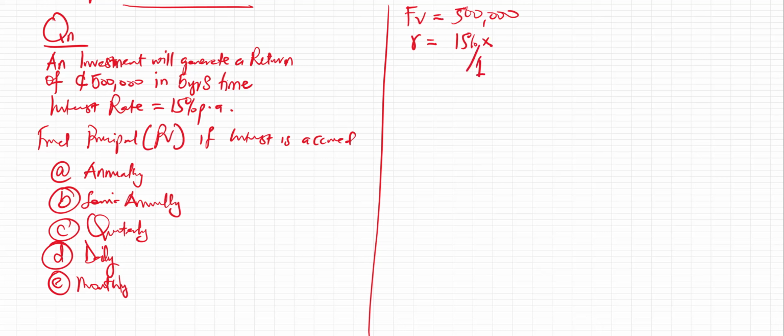So it's still 15%, which is equivalent to 0.15. Then the number of periods: we are only charging interest one time, but for 5 years.